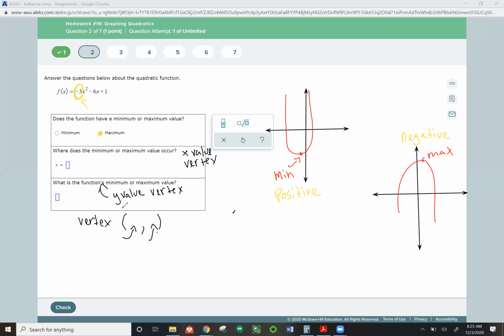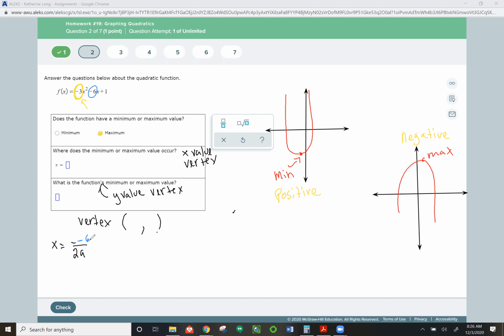Okay, so the equation for the vertex, to find the x, let me erase some of this that we don't need. The x is equal to negative b all over 2a. All right, so in my equation, what is my b? Well, my b is -6.